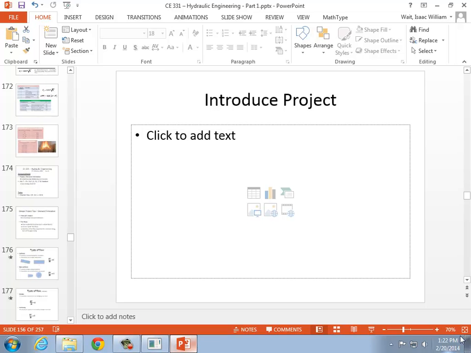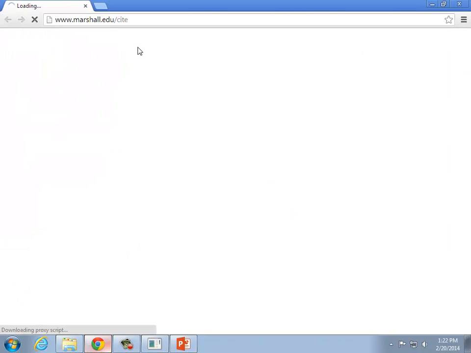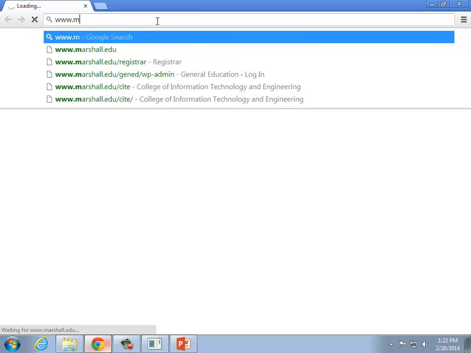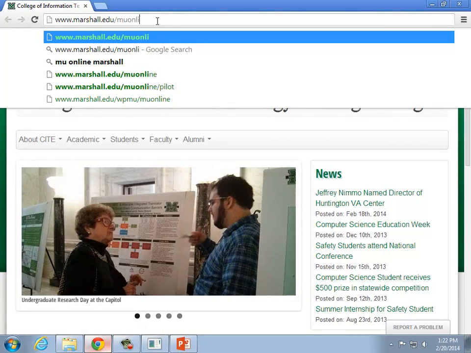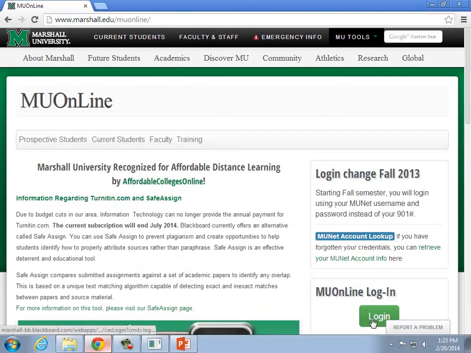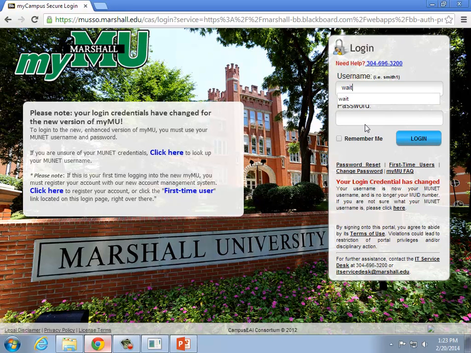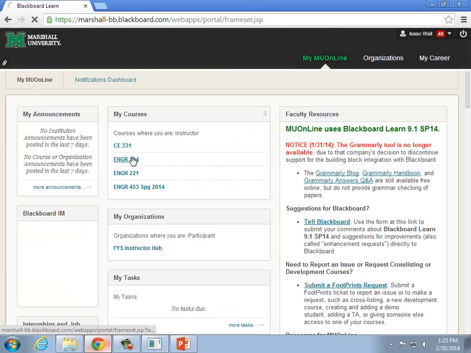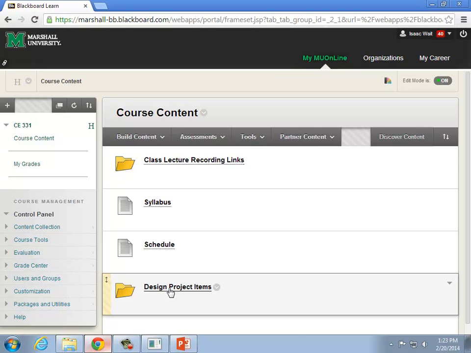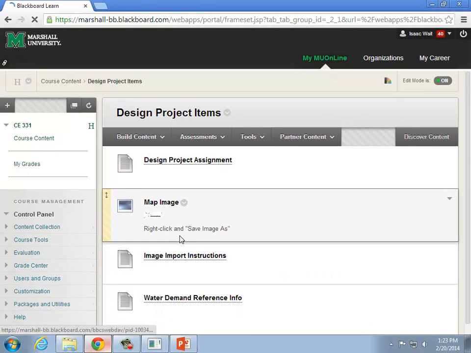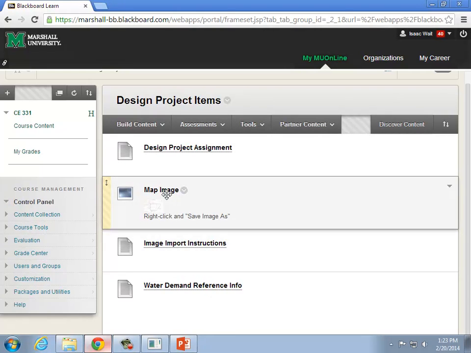And the image that I've provided online, actually, let me pull it up. It's in color, and the colors actually have a significance. There's a new folder in here that's called Design Project Items, and in addition to the image that I've given you, there's some other things as well here that I'll tell you a little bit about in a minute.